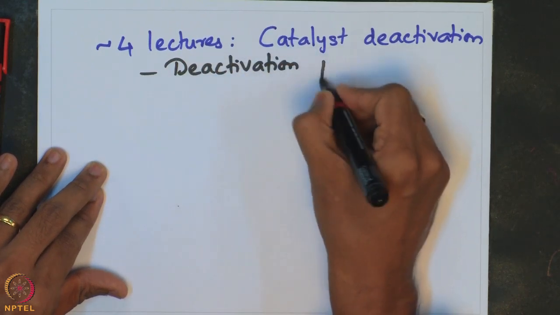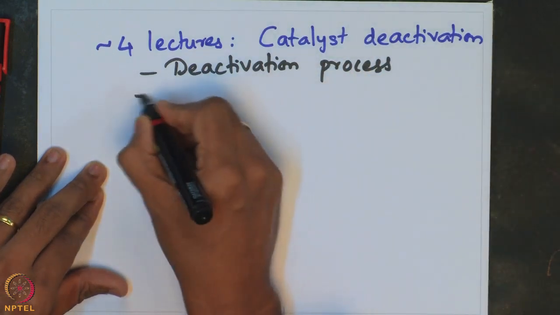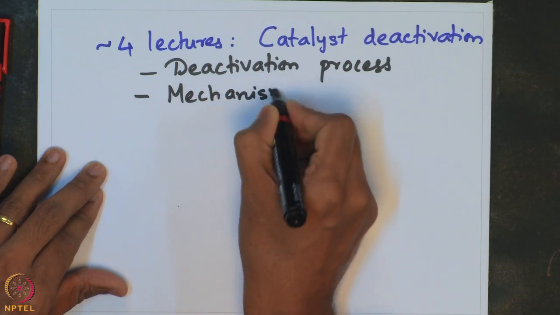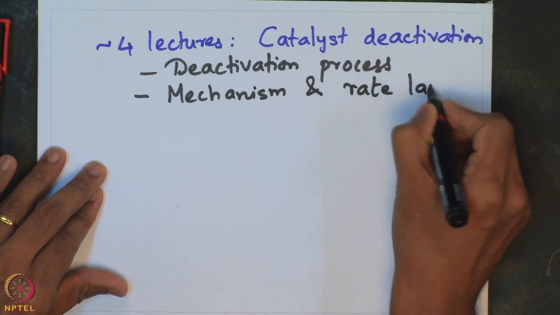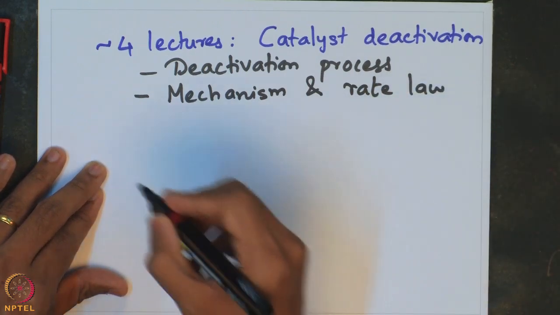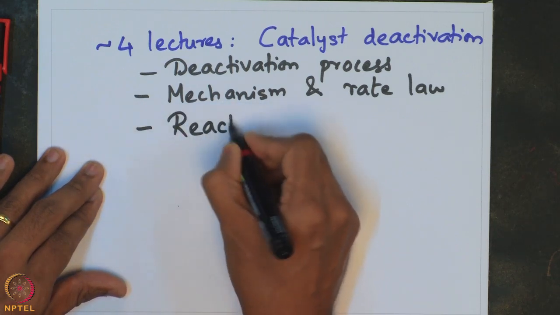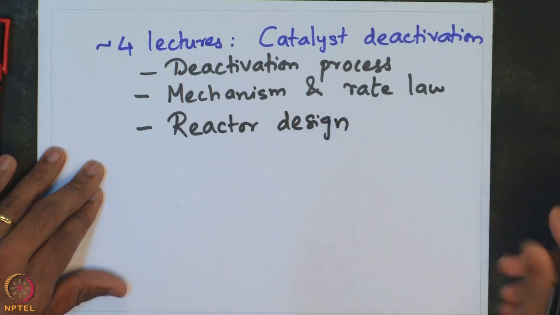What are the different ways of catalyst deactivation? We will be looking at the mechanism and rate law that governs the catalyst deactivation process, and then we will look at how to incorporate these in the appropriate reactor design for a few examples.